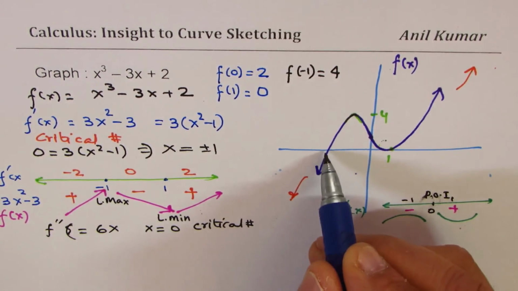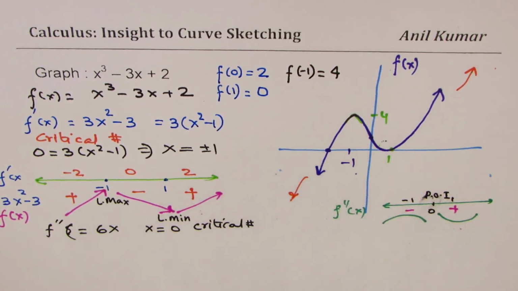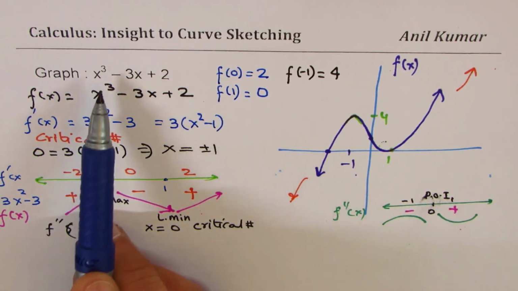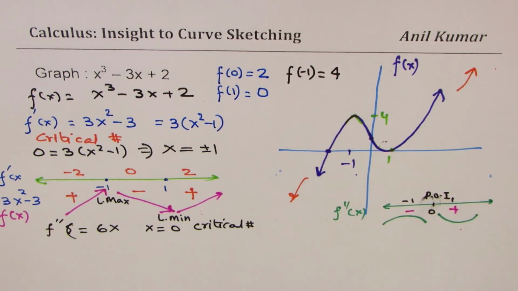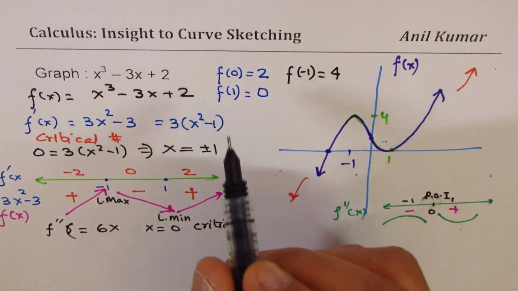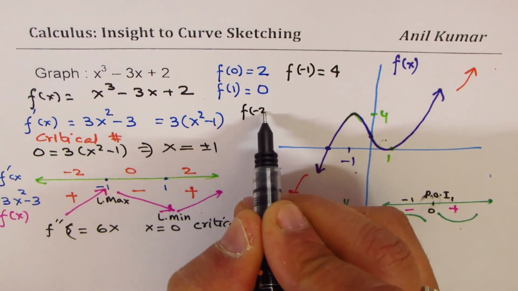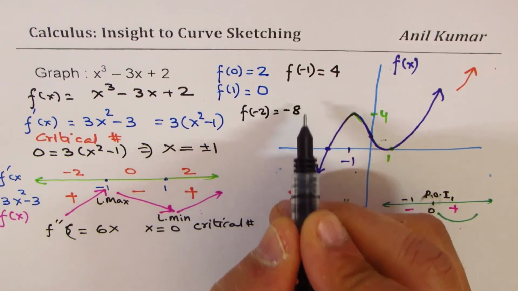Now you have an idea that somewhere here, this point is minus 1, you could have a 0. Is that right? So what you could do is try some values, for example, minus 2, right? In any case, for accuracy of the graph, it is a good idea to try some values. So we'll try the value of minus 2. Minus 2 cubed is minus 8.